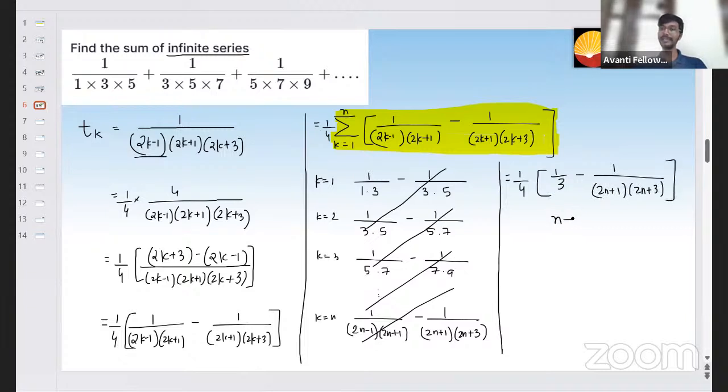Now let's say n tends to infinity, because we have an infinite series. So my answer will be 1 by 4 into 1 by 3 minus 0. Infinity has come in the denominator, right? Anything upon infinity is 0. That means my answer is 1 by 12.